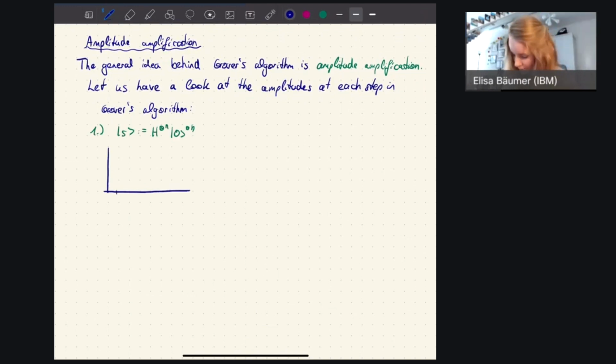So we'll have the different states, 0, 1, and so on. Then we have our wanted element somewhere, W, and then we have all elements until n-1. And here we have the amplitude.